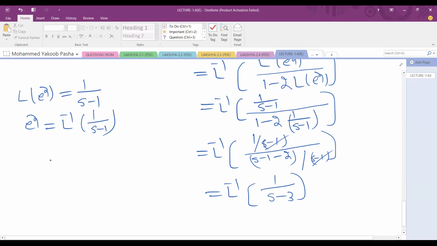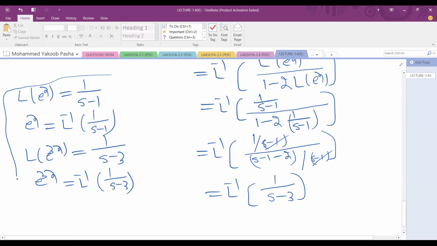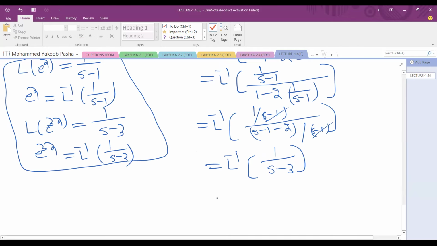Here we have Laplacian of e power 3x, which is 1 by s minus 3. So e power 3x is equal to L inverse of 1 by s minus 3. These are simple formulas. Once you see them, you will get the idea. So L inverse of 1 by s minus 3 becomes e power 3x. This is R of x.